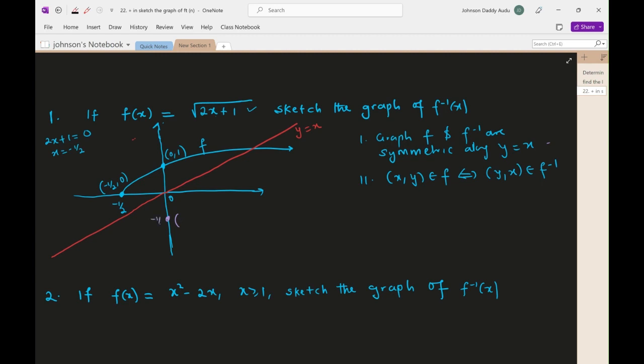So this is the point 0, minus half. And now this point here, which is 0, 1, will become 1, 0. So somewhere here. So this is the point 1, 0.